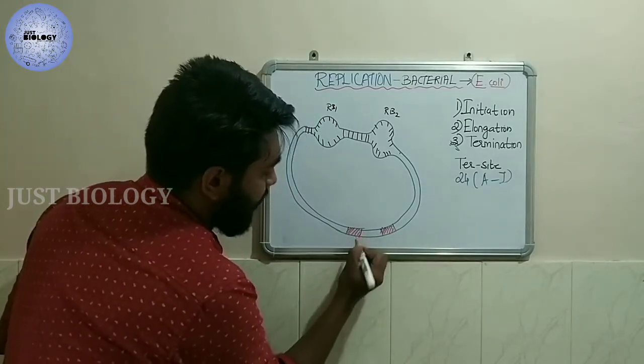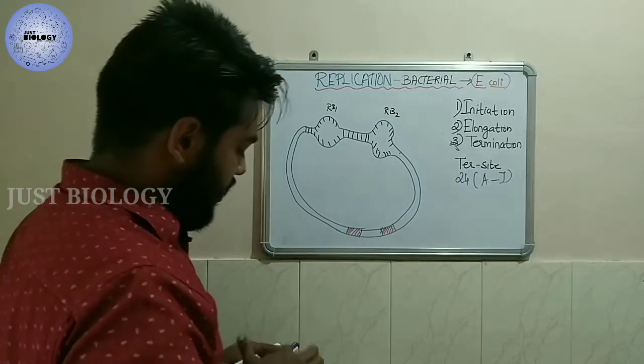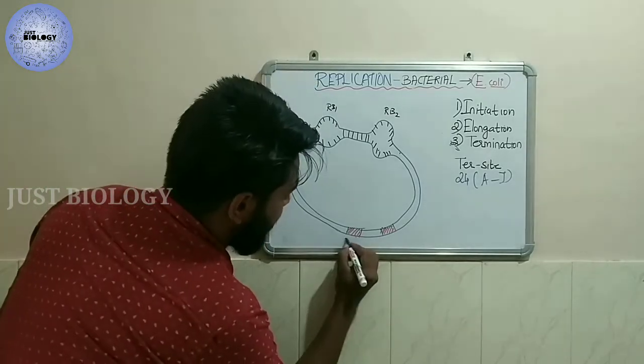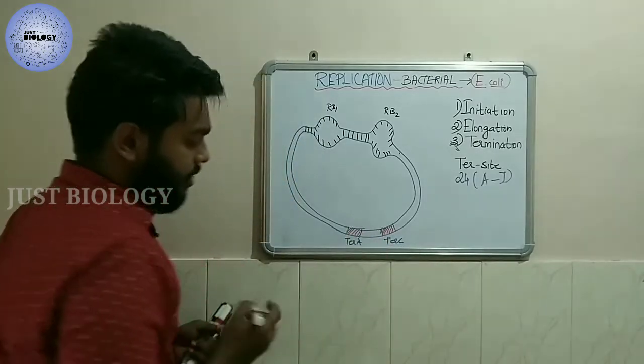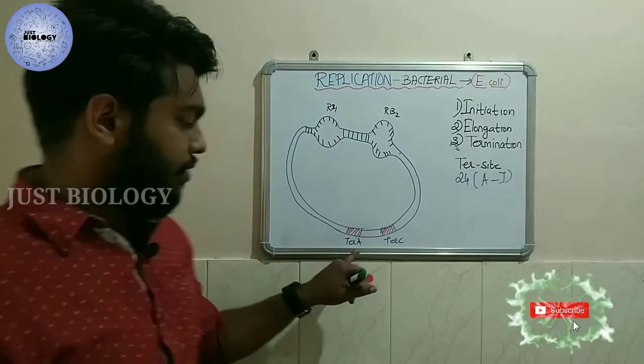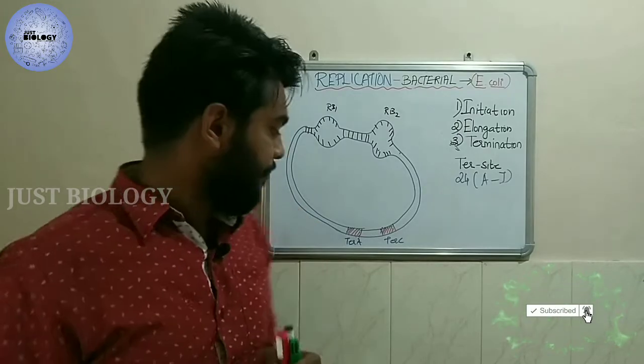We can term this TER A and this TER C. Let's imagine we have the two sites TER A and TER C.